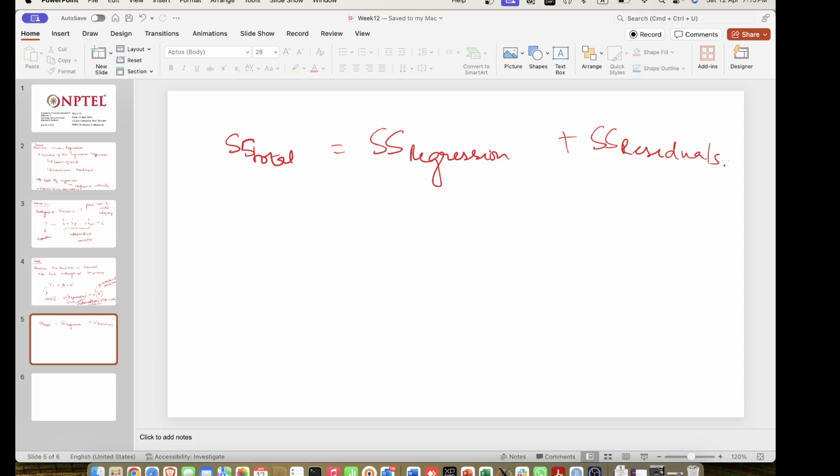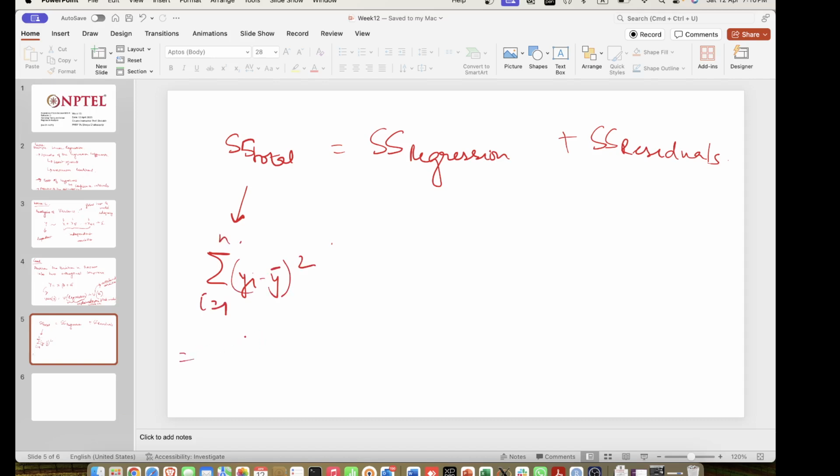So how is this accounted for? Sum of squares total is given by summation of yi minus y bar whole square, i equal to 1 to n.